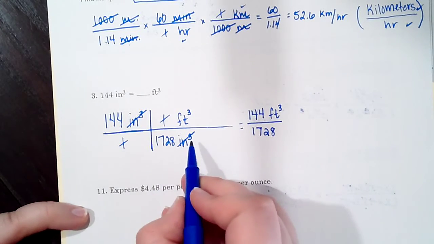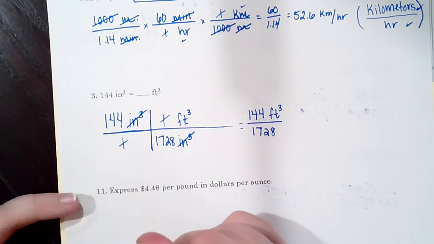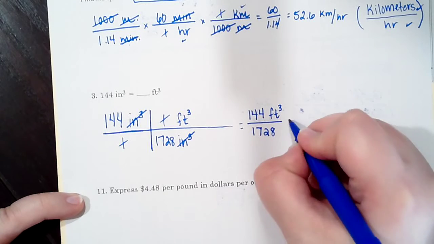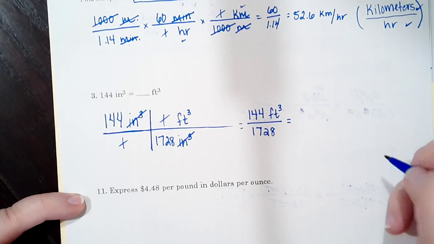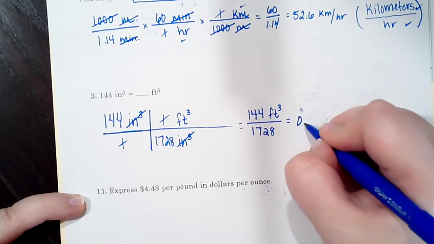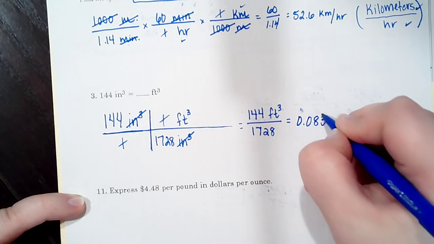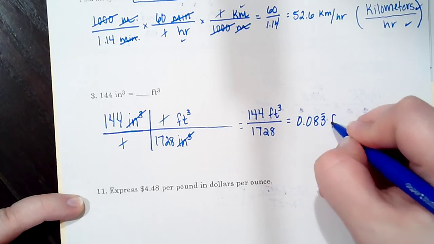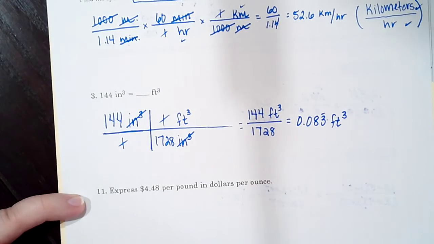Notice there's no label on the bottom, so I don't need one on the bottom. To make this a little easier to look at, I am going to divide it and find that 144 cubic inches is approximately the same as 0.083 repeating cubic feet. And that's my answer.